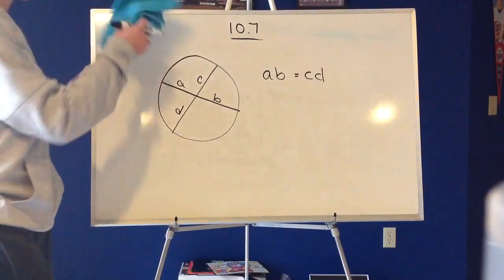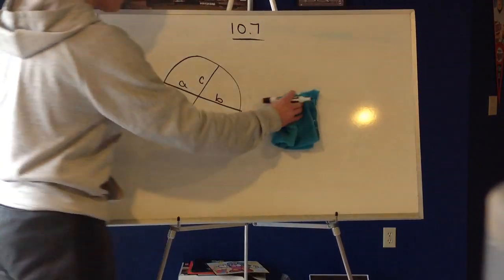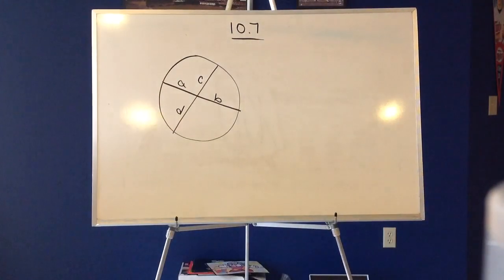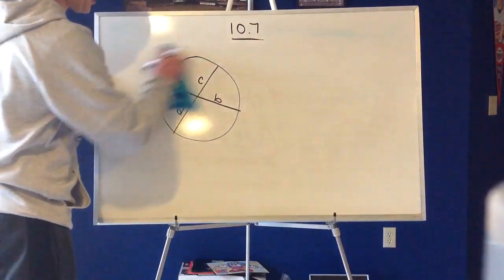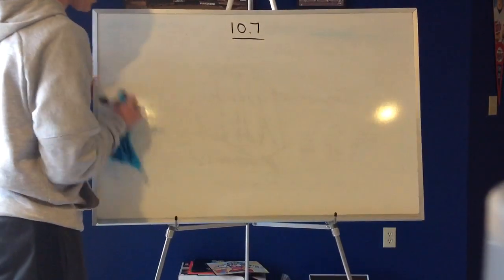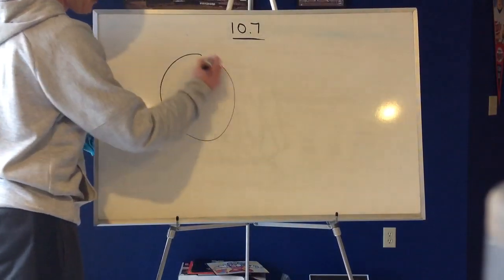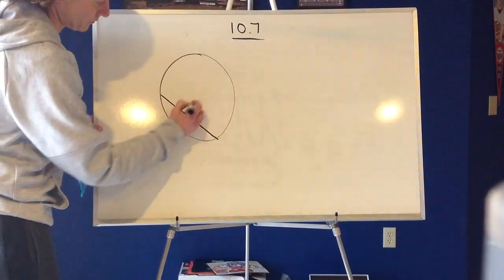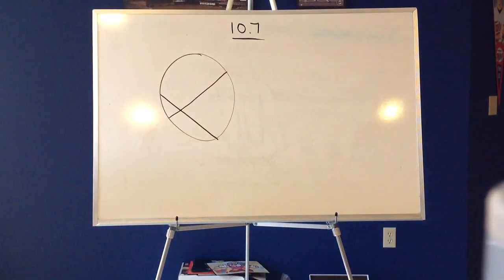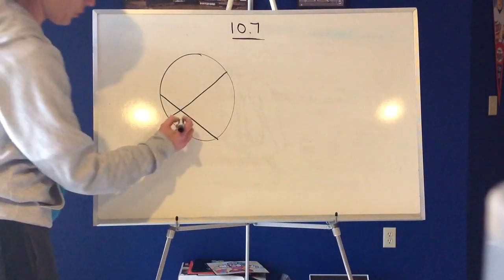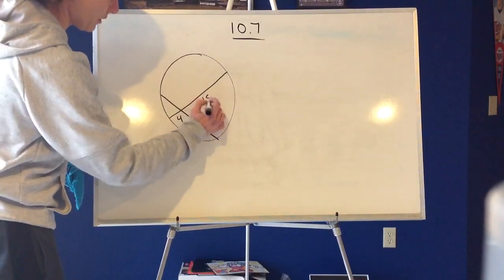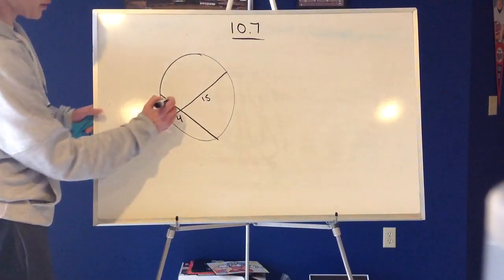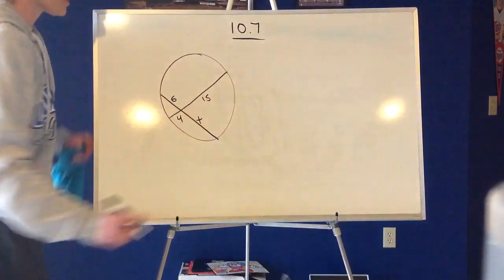So for example 1, that's what we're going to be looking at today. We have a picture similar to this one, but we'll redraw it a little more like the one you guys have. If you look at this one, you've got 4 and 15, and then you've got 6 and X as your pieces.